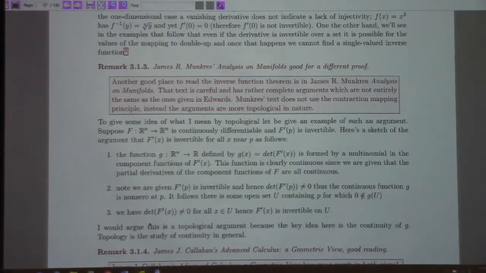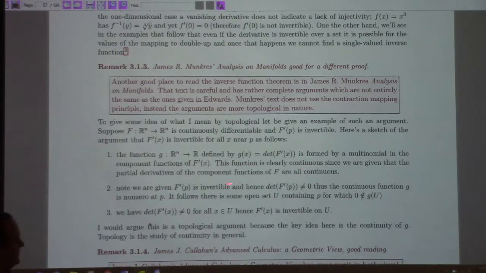In fact, it does. If the function is continuously differentiable, you can't have the Jacobian matrix invertible just at that one point, but close to it not invertible, because the inverse image of open sets is open. It goes back to the continuity of the determinant. Here's the argument. The determinant is a multinomial in the component functions of f prime of x.